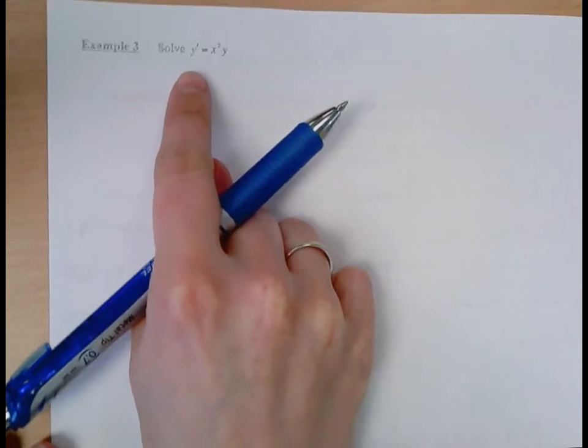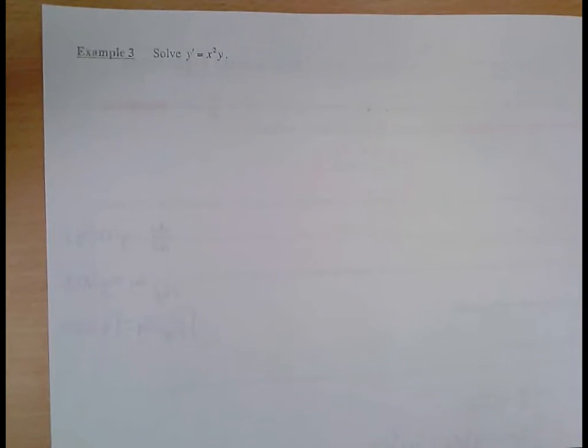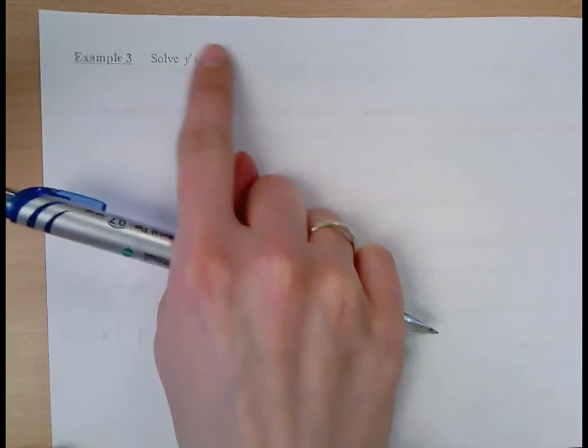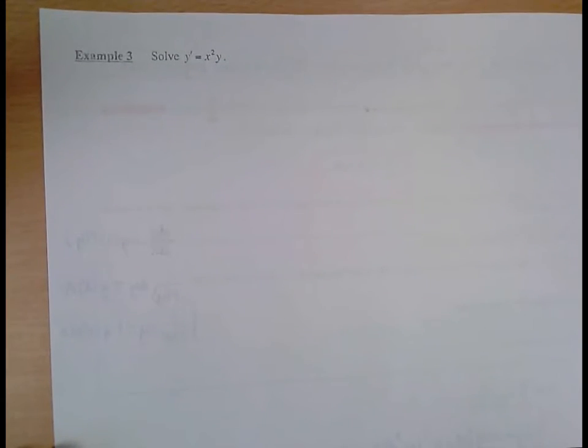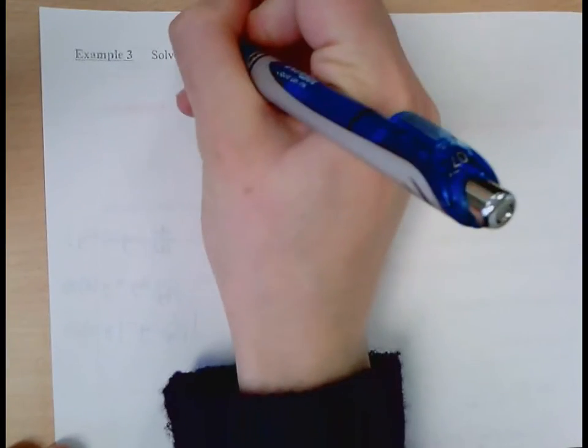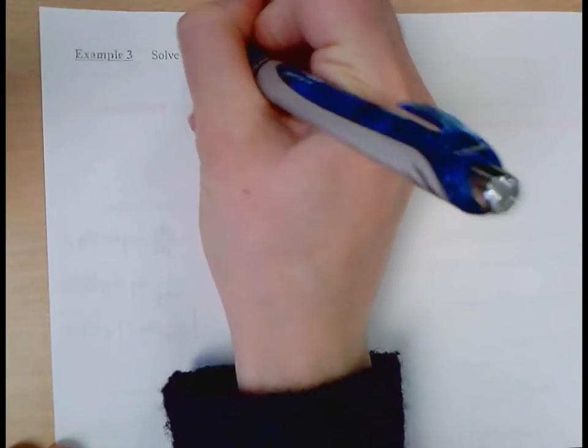This example 3, I know we only have a little bit of time, but there's something I want to talk about with how you write the solution quickly. So, how would you separate number 3? Divide by y, multiply by dx, because remember, y prime is dy dx.